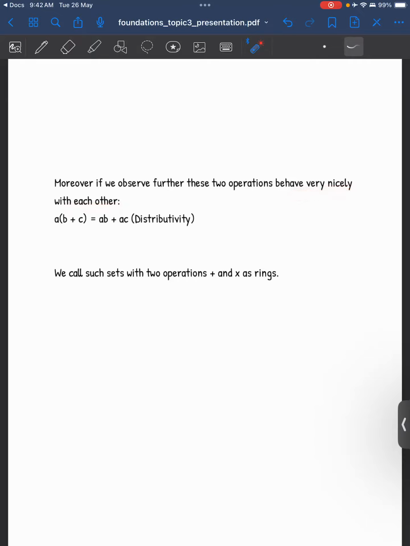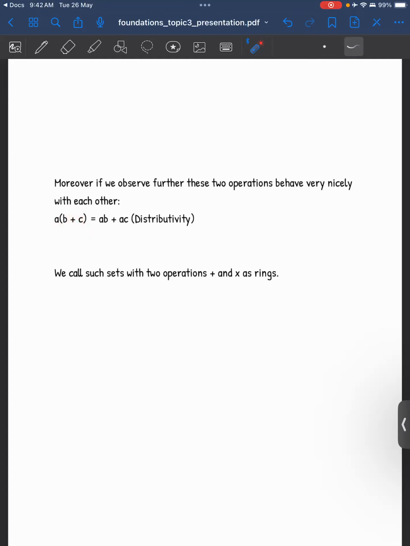If you look at the LHS of this expression, you're performing the multiplication of A with the result of the addition of B and C. And this is actually equal to multiplying A with B and then adding it to the multiplication of A with C. So in particular, this multiplication operation is distributing over the addition.